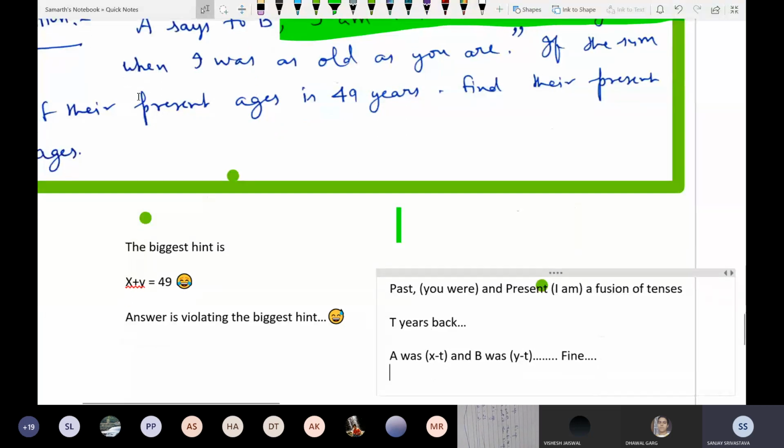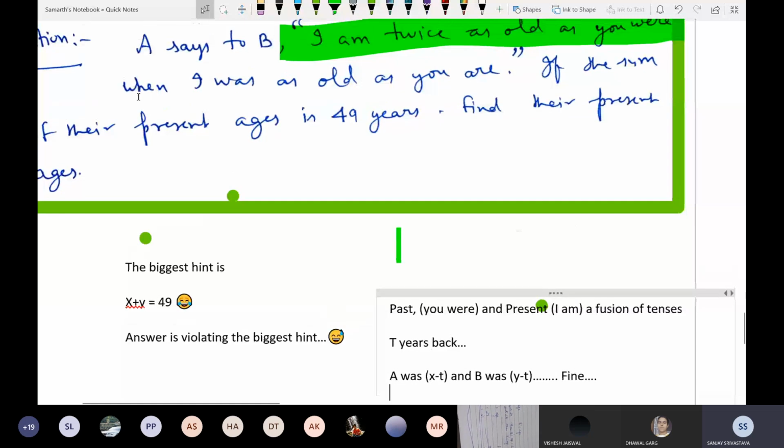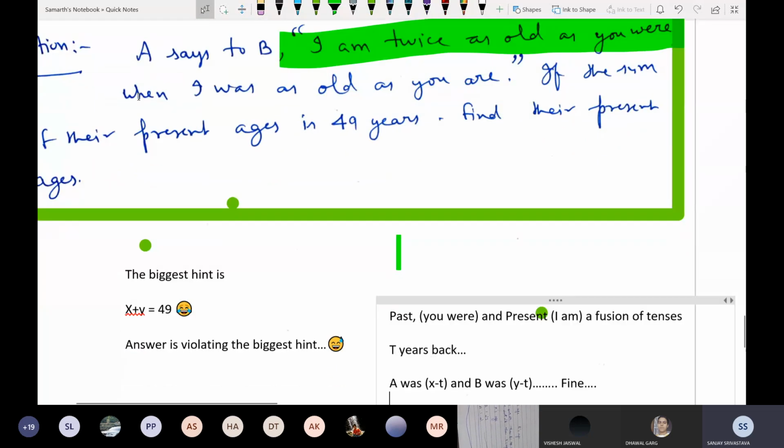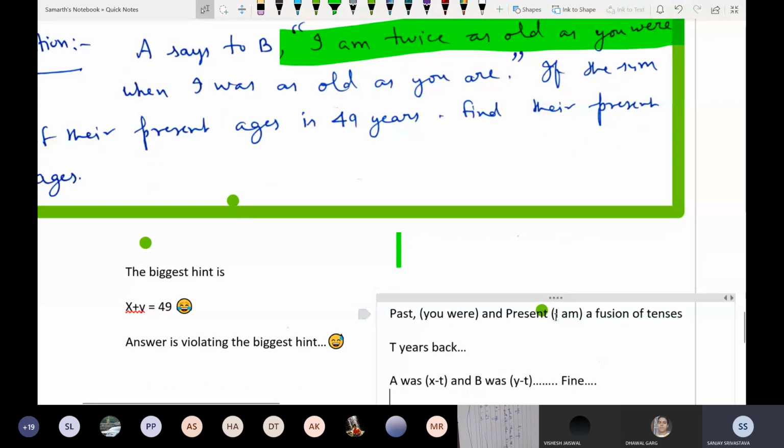Now what does the question say? A says to B, I am, means A is talking about his present age. I am means X is equal to, twice as old as you were. Twice means 2 times.